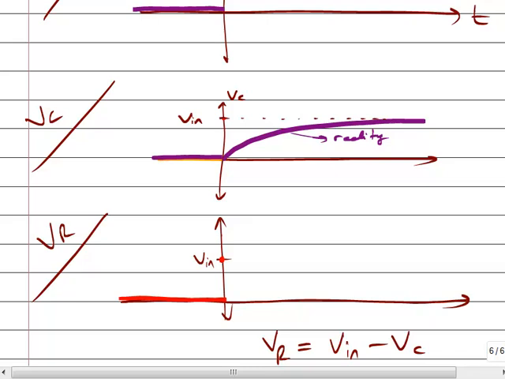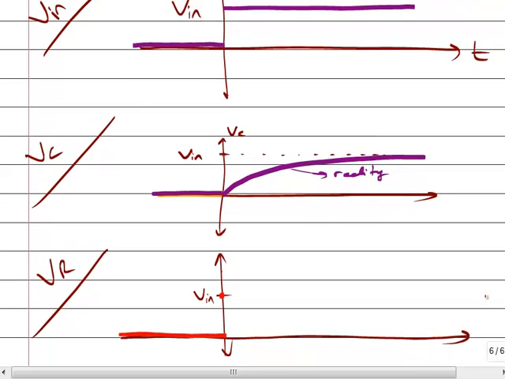What's the voltage at t goes to infinity? At t goes to infinity, the voltage of the source is V in, and the voltage of the capacitor is V in. V in minus V in is what? 0. Good.